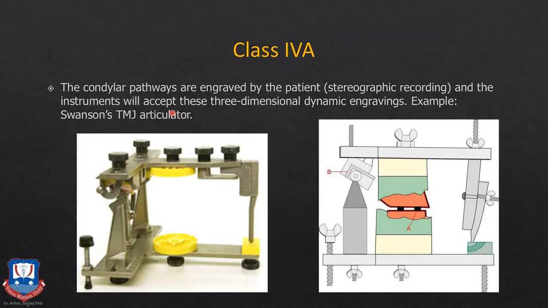In this category we have Swanson's TMJ articulator. These articulators accept dynamic records, that is they accept stereographic recordings made from the patient, and then depending on these stereographic recordings, the horizontal condylar guidance, the lateral condylar guidance, and the incisal guidance are customized on the articulator.